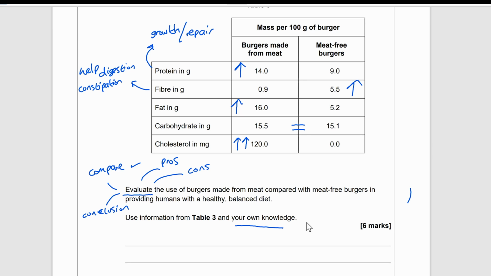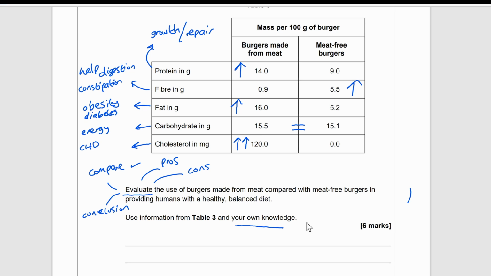We also need it for insulation and protection of our organs. However, the problem with taking in too much fat is that it can lead to obesity, and obesity is a risk factor for type 2 diabetes. Carbohydrate, we take in carbohydrate to provide us with energy. And cholesterol, the problem with cholesterol which we've learned is that it can lead to coronary heart disease, which is narrowing of your artery.